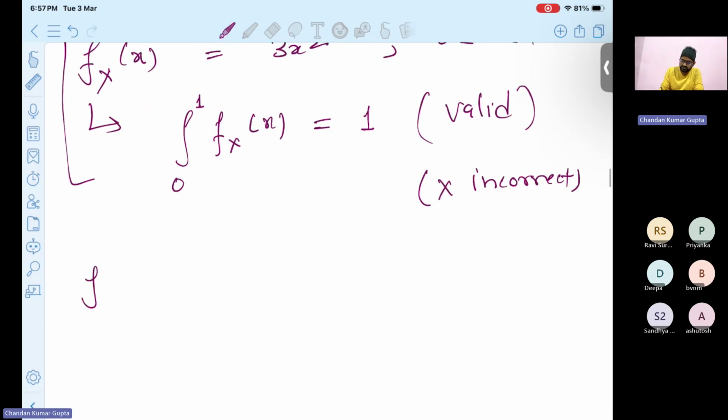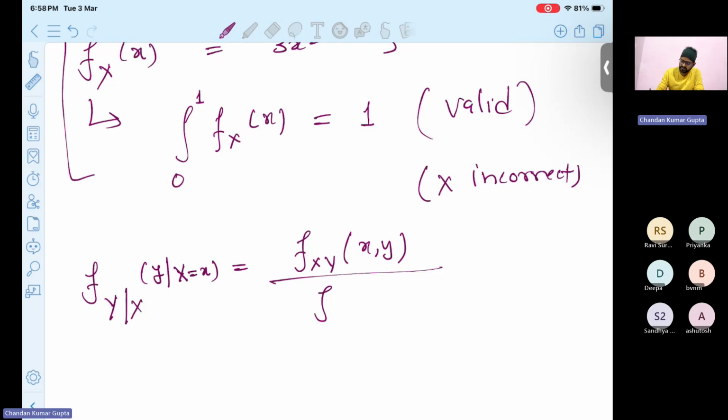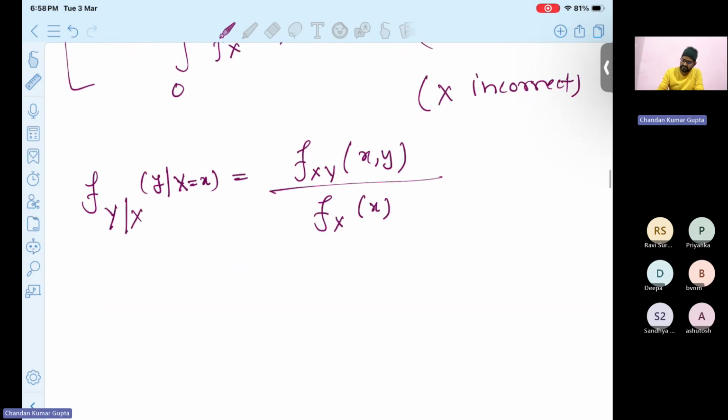Now the conditional, the conditional of y given x, is f x y, the joint, divided by the marginal.